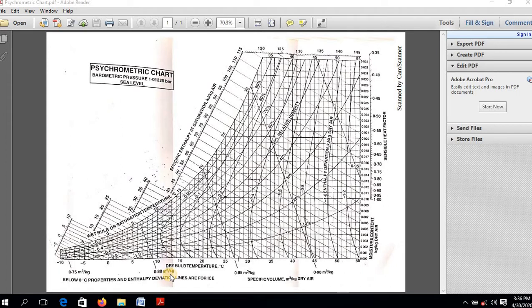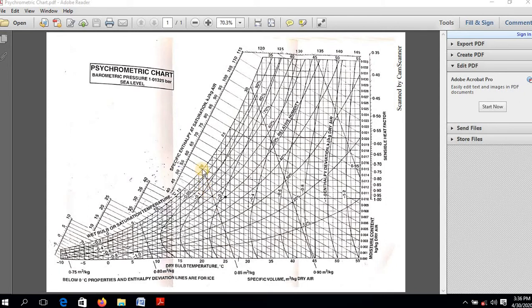Now coming to locating a point. Let us say, for example, 25 degrees Celsius dry bulb temperature and 22 degrees Celsius wet bulb temperature.